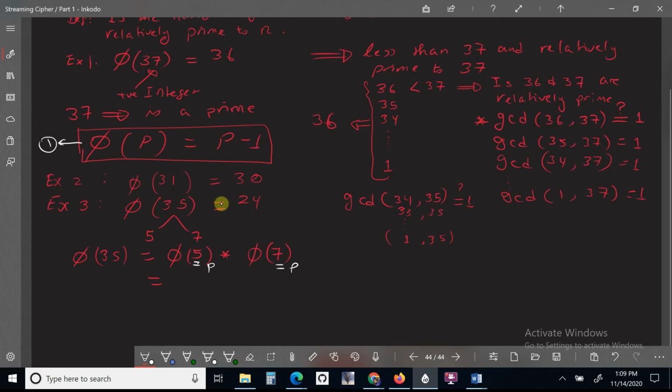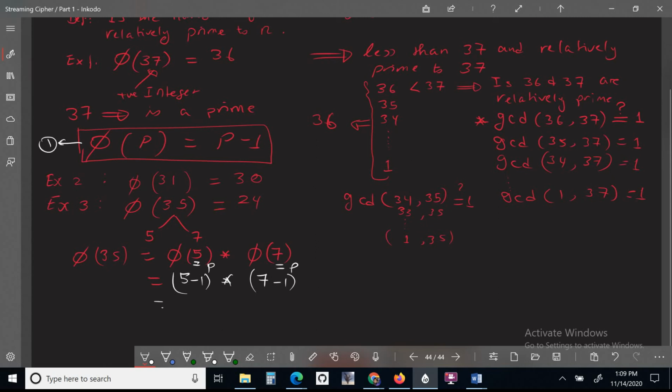So from 1 we can say that to find all the positive integers that are less than 5 and relatively prime with 5, obviously this is going to be 5 minus 1, because it's p minus 1, which is 4, times 7, also a prime, 7 minus 1.